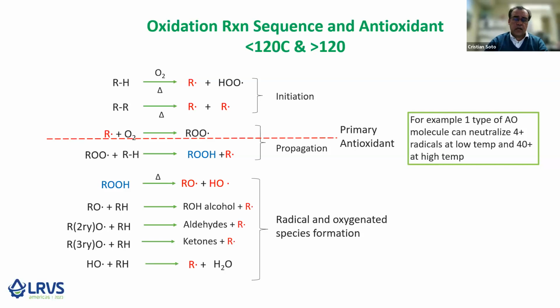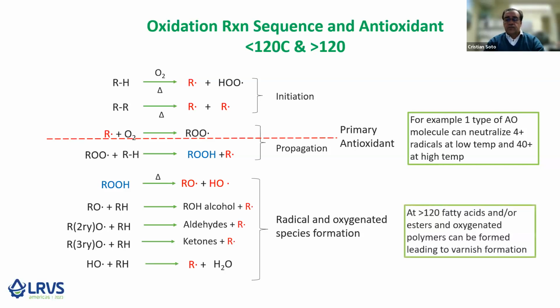Typically, this is expected to be at higher than 120 degrees. However, we commonly encounter them below that, and that's likely due to the presence of other agents such as catalysts present in the reaction. These fatty acids and esters that can be formed can then further polymerize, leading to actual varnish formation on the critical components of the equipment.